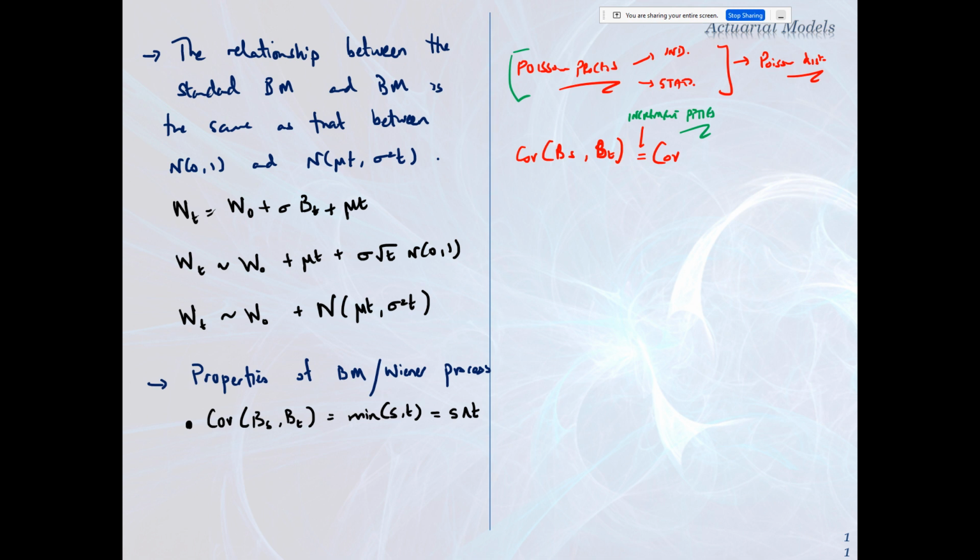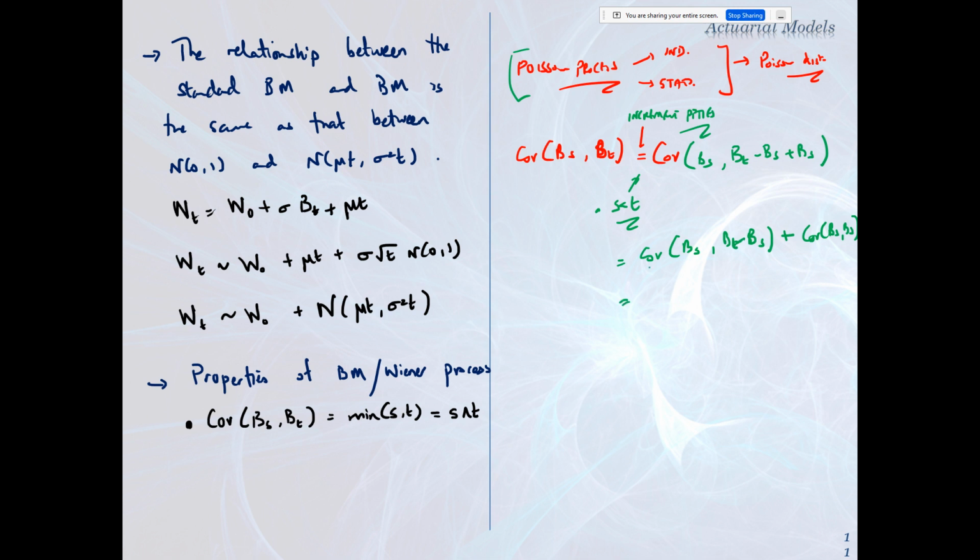So here, for example, let's say S is less than T. So we are taking the first case. It will become BS, let me write this, BT minus BS plus BS. The same thing here. So we get the covariance of BS, BT minus BS, plus the covariance of BS, BS.